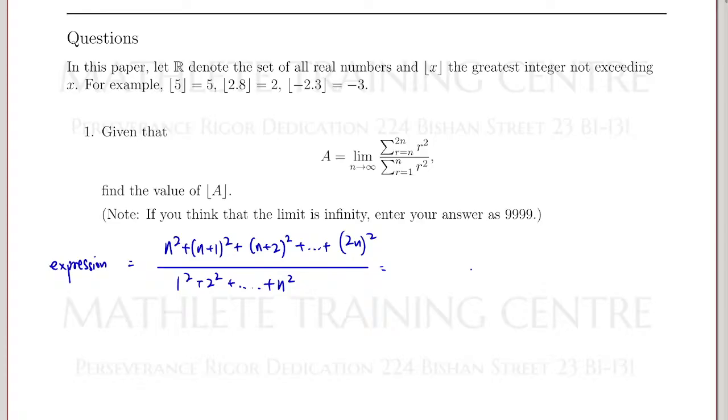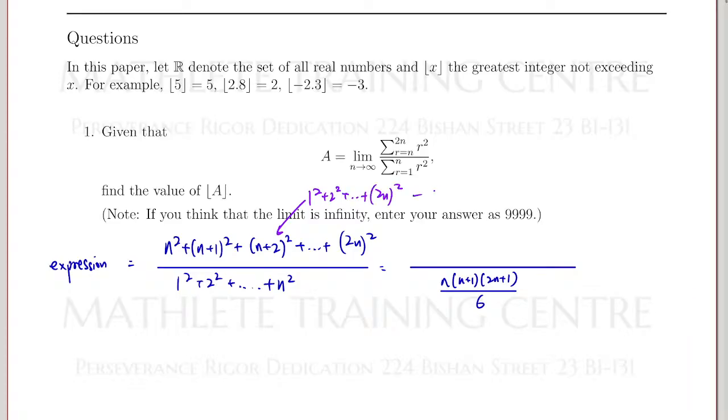So our denominator here, obviously we have a formula for this. It will be equal to n times (n+1) times (2n+1) over 6. And then the numerator here, we can think of it as a difference of two sequences. I can think of it as I take everything from 1 squared all the way up to (2n) squared.